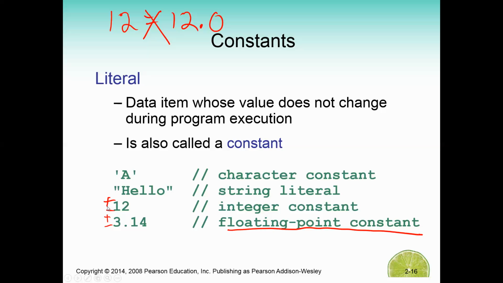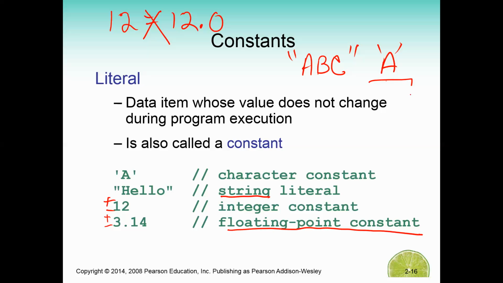Then we have the word hello, and it's going to be in double quotes. Whenever we have more than one character, we call that a string. So if I put A, B, C, it has to be in double quotes. If I put A by itself, it can be in single quotes because it's a character. Single quotes are going to reserve only one byte.